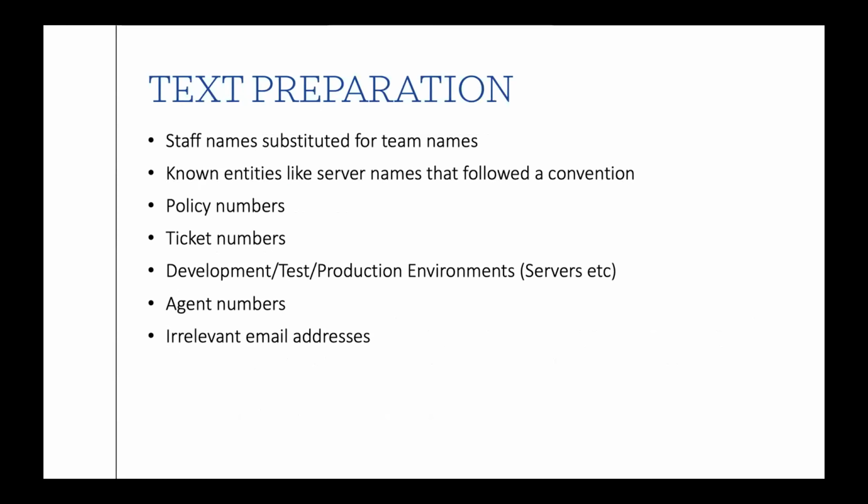Within these emails, we would have done some pre-processing, which would include substituting staff names for team names, replacing known entity names like servers, policy numbers, ticket numbers, environments, agent numbers, and other email addresses, so that we move away from targeting individuals and more toward targeting teams or systems instead of an individual policy, to generalize the scenario for the purpose of prediction.